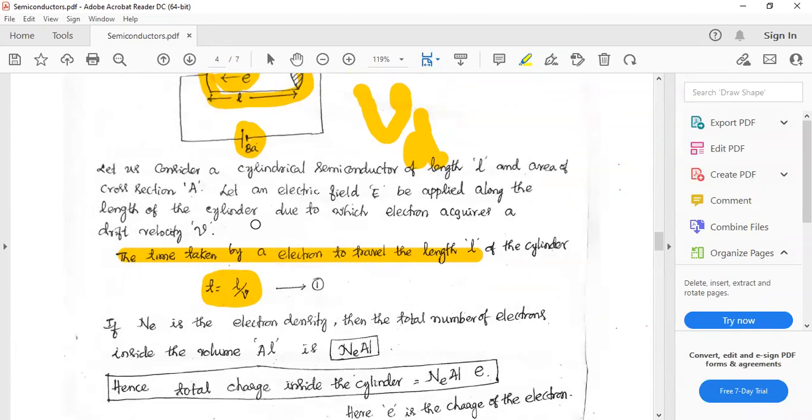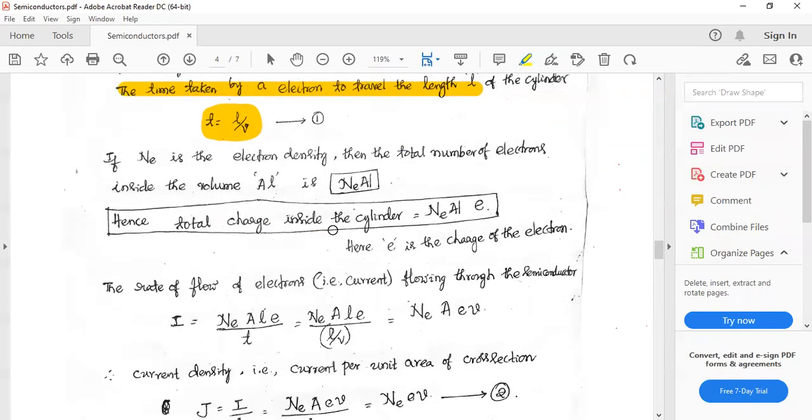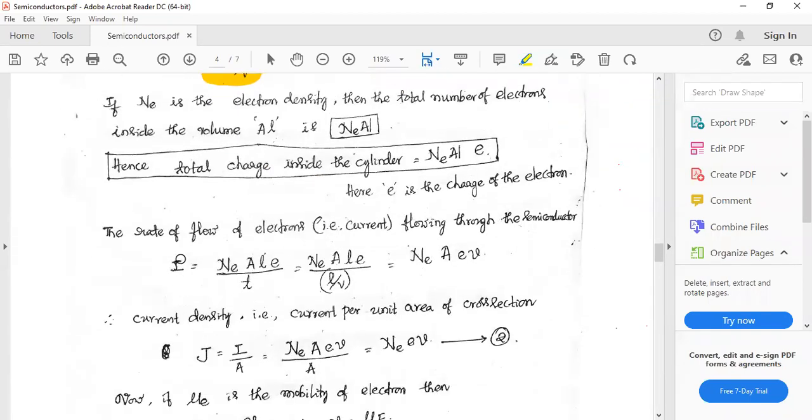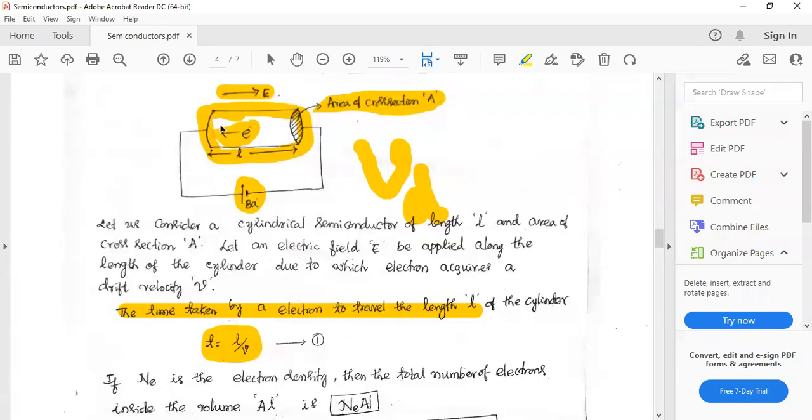Now if I ask you the question, what is the current traveling in the semiconductor? I hope you all know the definition for current. Current is nothing but charges per unit time or charges in motion, right? First thing, we have to calculate the number of charges or number of electrons which are moving in the semiconductor.